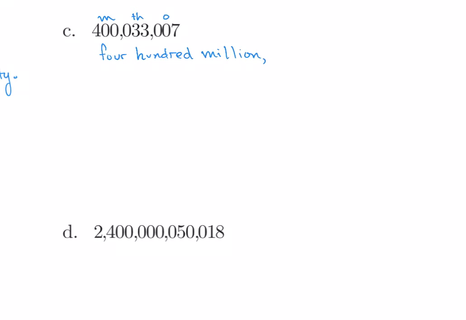Our next period, we have 33. And then the period name of 1,000. Include a comma. And then our last period, we just have the number 7. And we're done. So this number is 400,033,007.